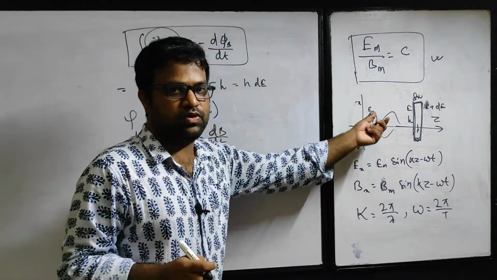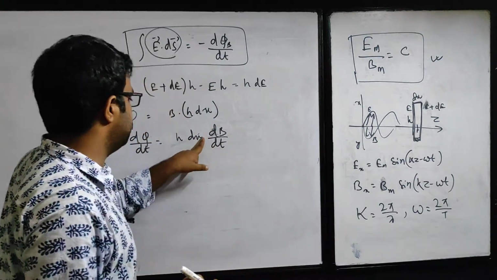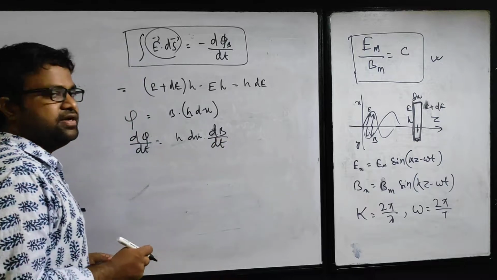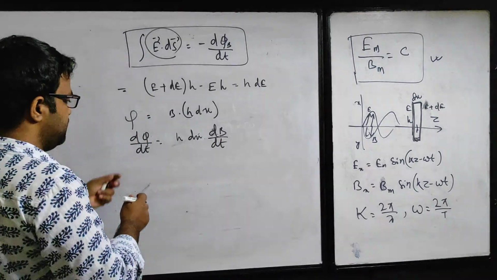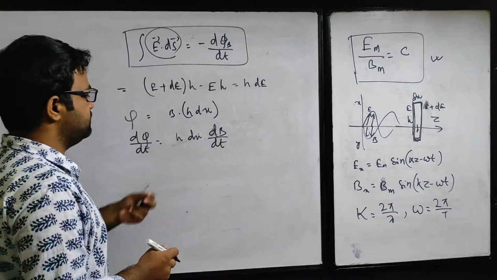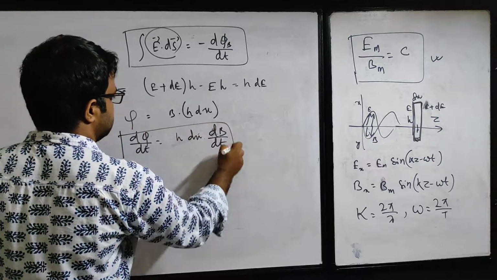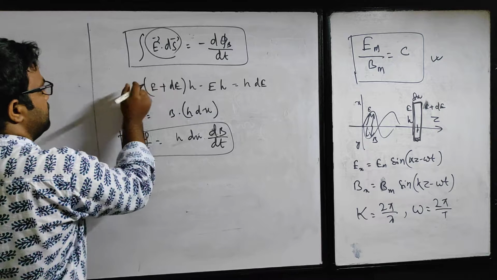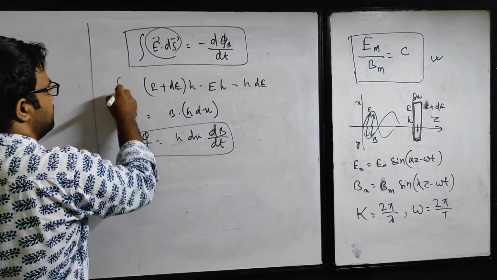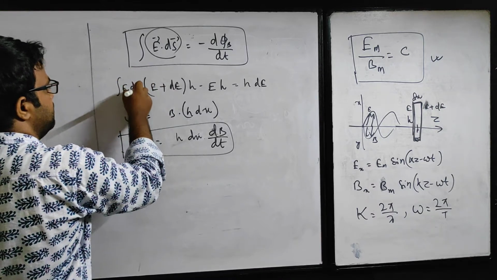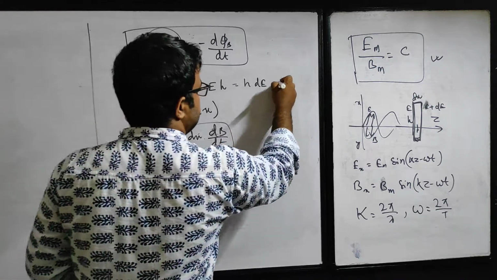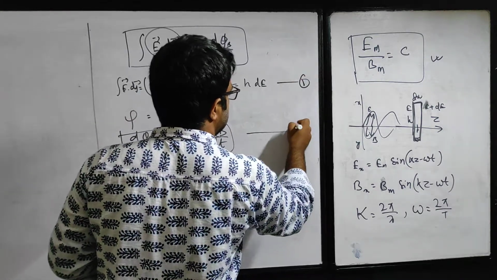Since dx is not changing, d phi by dt, the rate of change of flux, is H dx dB by dt, and the integration of E ds is H dE. Let's say this is equation 1, and this is equation 2.